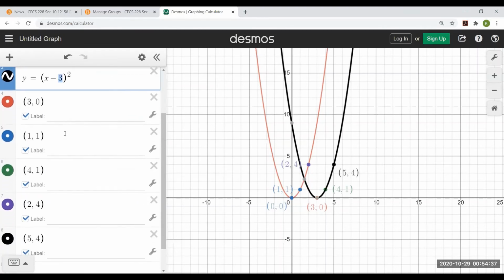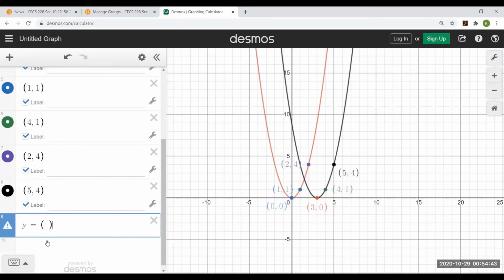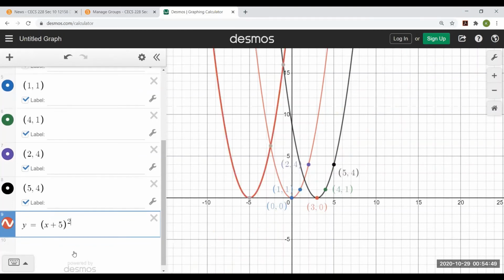What happens if we add a number instead? So for instance, what happens if we do x plus 5 squared? Well, then we see a shift, but it's no longer to the right, it's actually to the left.